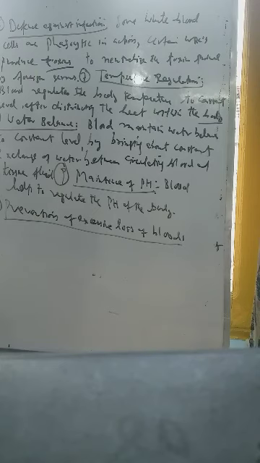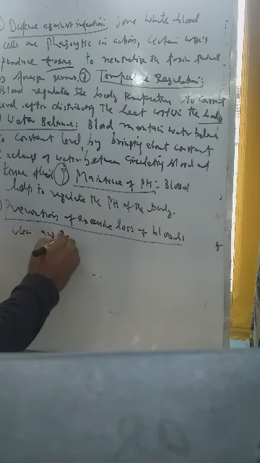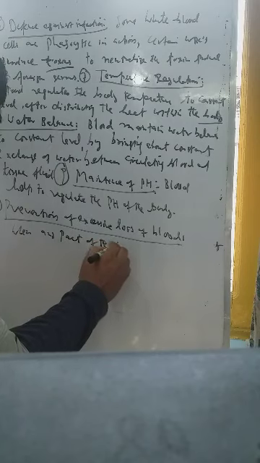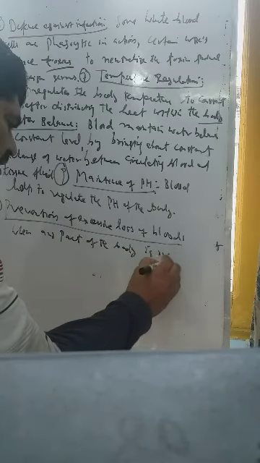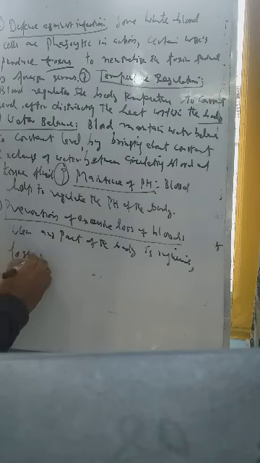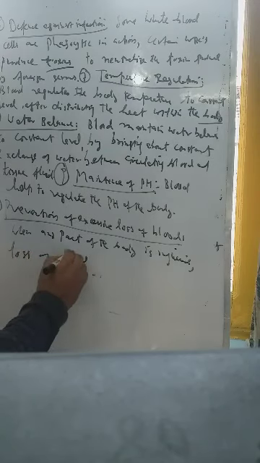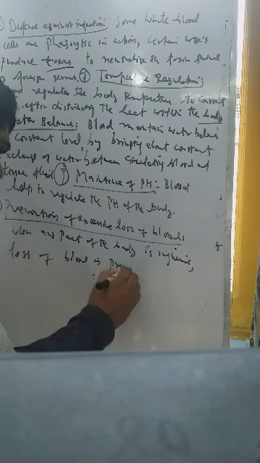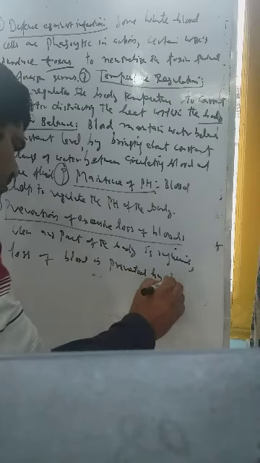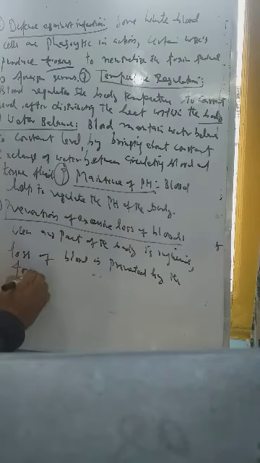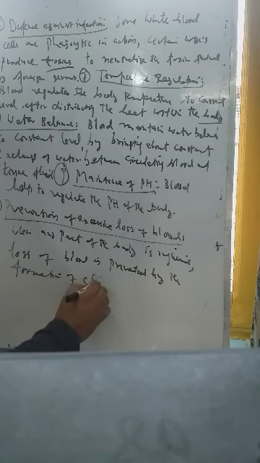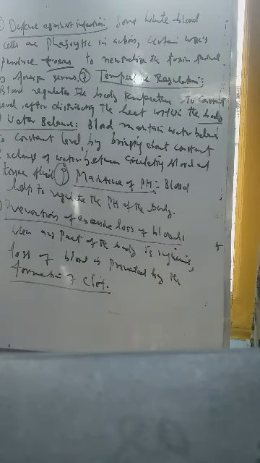We know that when any part of the body is injured, loss of blood is prevented by the formation of a clot, by blood platelets.